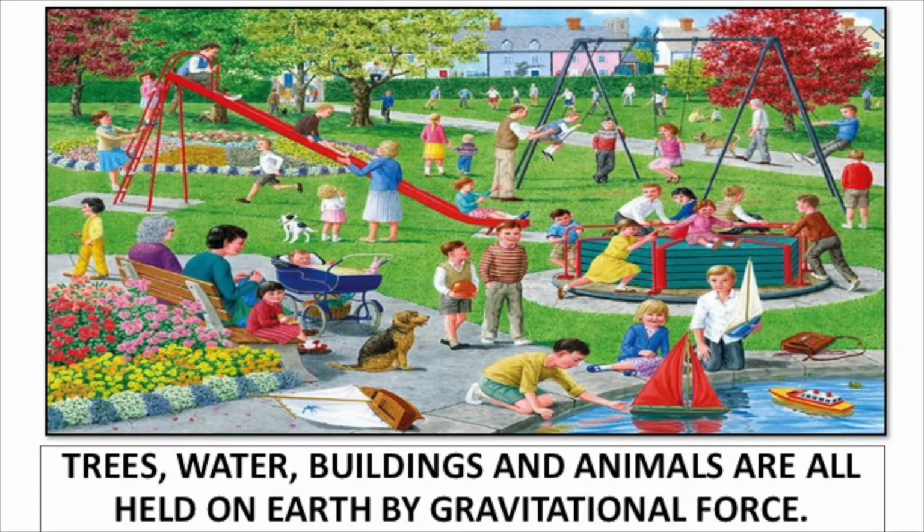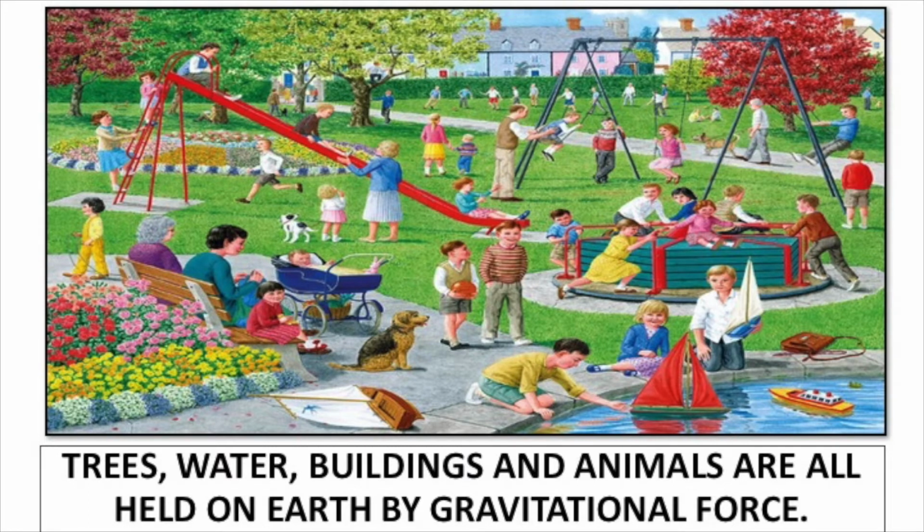Yes. Look at the picture here. Look at the picture and see how everybody is playing in the park. Is everybody in the air? No. Where is everybody? On the floor, down on the floor, correct. And the reason that everybody is on the floor is because of gravity. What can you see here?